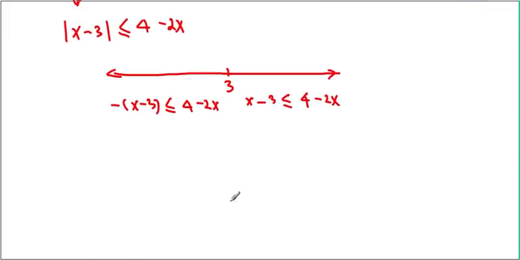Let us try to calculate each section. First here, we get negative x plus 3 has to be less than or equal to 4 minus 2x. Adding 2x, and subtracting 3, we're going to have 1. So x has to be less than or equal to 1.